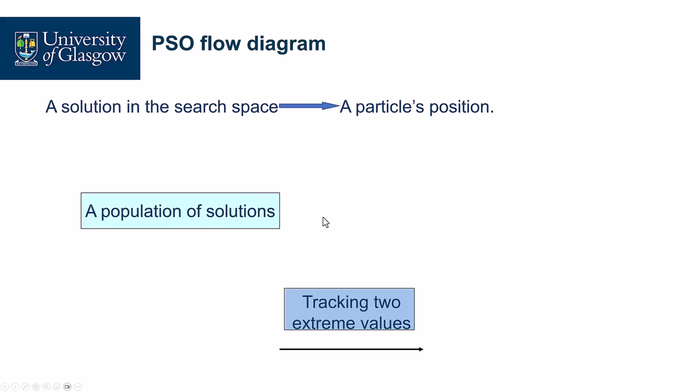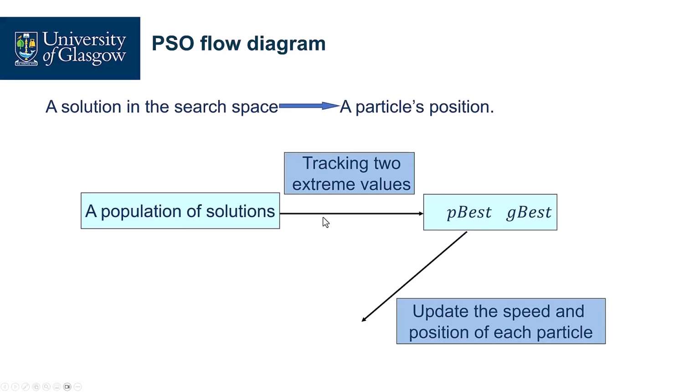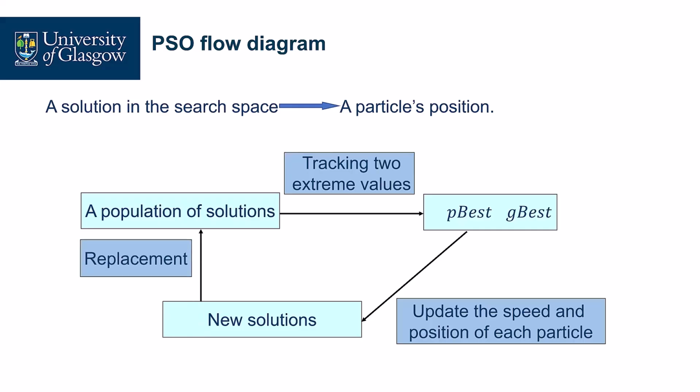Then we track the two extreme values, p-best and g-best. Then we update the speed and position of each particle based on the formula I just introduced. Then we get the new solutions, that is the new positions of the particles, and we use these to replace the old population. One iteration is finished. We can carry out iteration by iteration, and eventually we finish the algorithm.